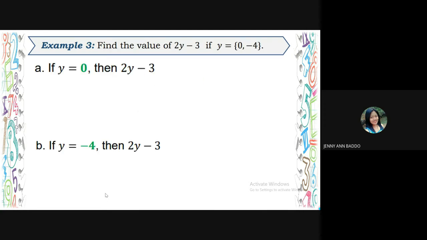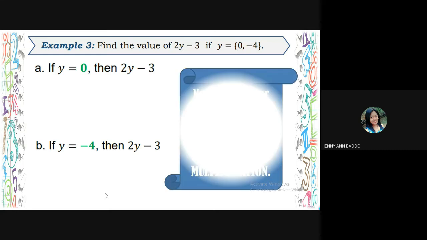Another example. Find the value of 2y minus 3 if y has the values 0 and negative 4. Let's work on 0 first. So from 2y minus 3, take note, we have here 2y. It's a term with a number and a variable.